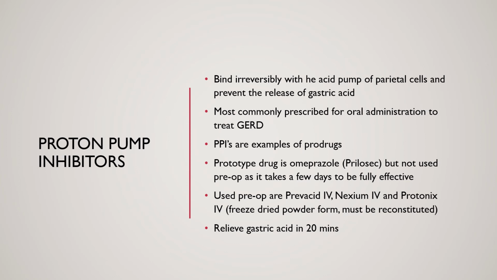The prototype drug is omeprazole, also known as Prilosec, but it is not used pre-op as it takes a few days for it to be fully effective. So those that we use pre-op are Prevacid IV, Nexium IV, and Protonix IV. These come in freeze-dried powder form, so they need to be reconstituted before they are administered. And they usually relieve the gastric acid in about 20 minutes.